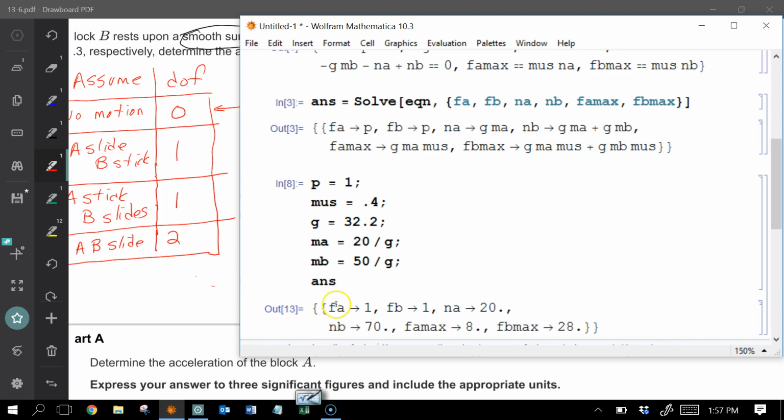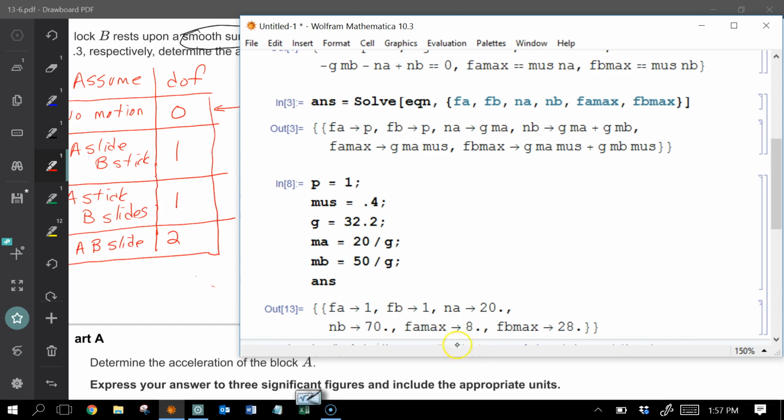So the friction A, in order for the assumption to be valid, you have to have 1 pound of friction under A. Under B, you have to have 1 pound of friction. You have your normals, no big deal there. The maximum value that you can get for friction under A is equal to 8 pounds. So you only need 1 pound, and you're able to get 8 pounds.